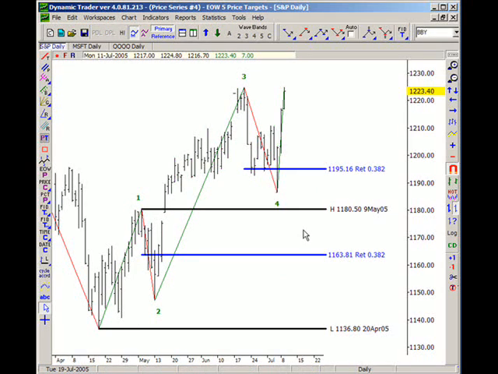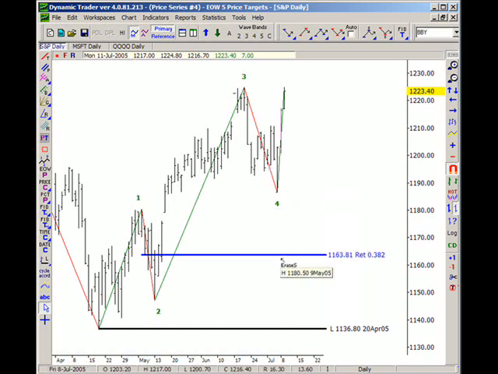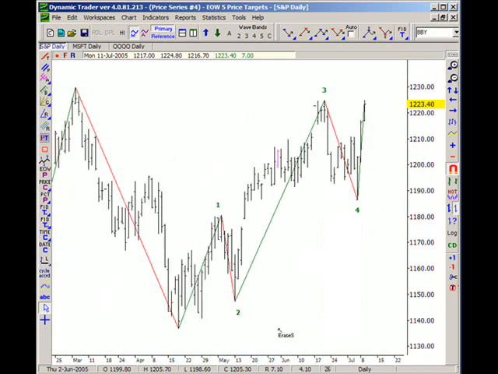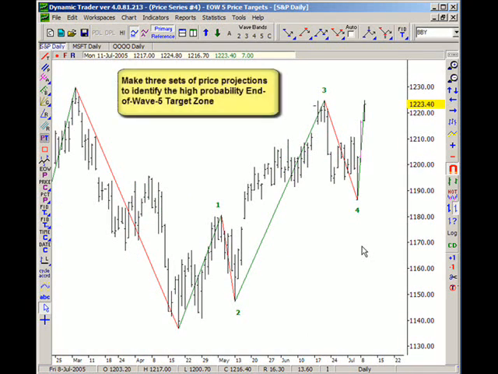So how do we project the end of the wave 5 target zone, the probable price target zone? Well, I'm going to take off these other lines on the chart just to clean the chart up so we don't have irrelevant lines on the chart. And as you'll remember with the end of wave C, or identifying the target zone for an ABC correction, we did 3 different sets of price projections, and that's what we're going to do at the end of wave 5.